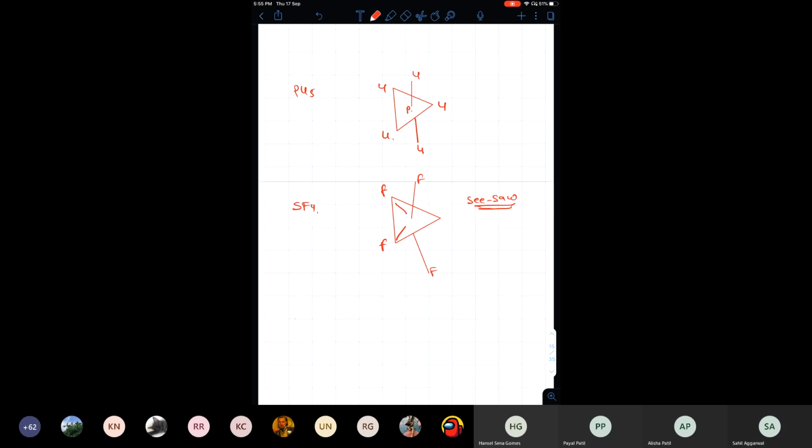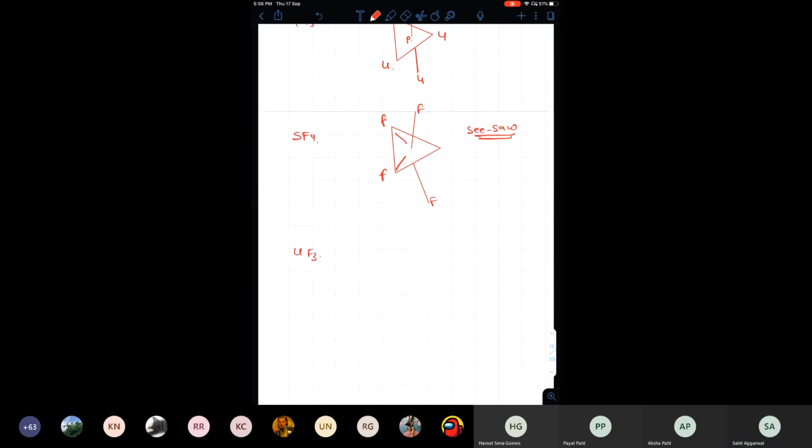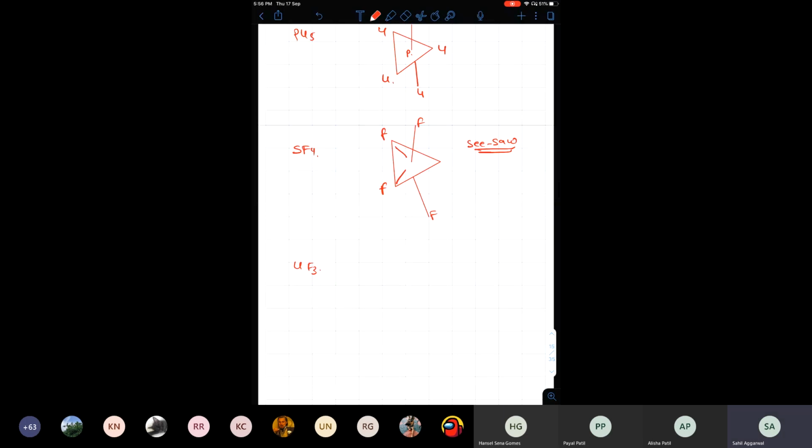If we take ClF3, this will be having T shape.